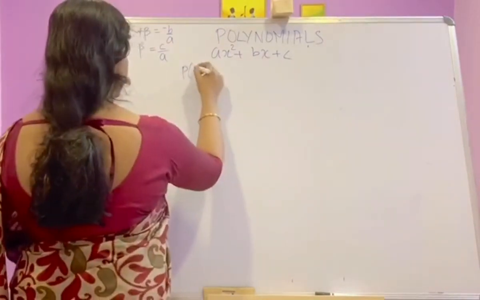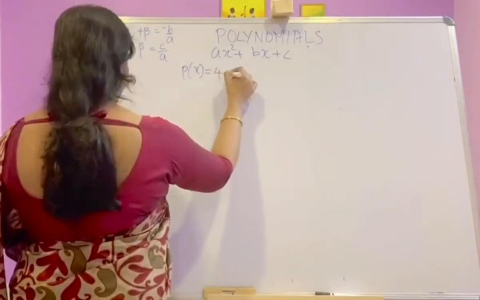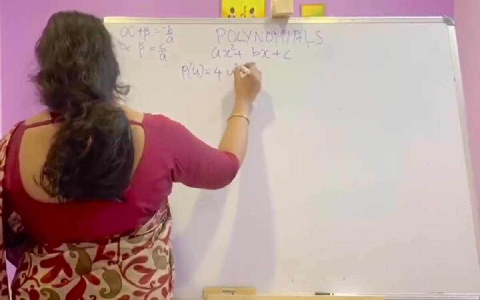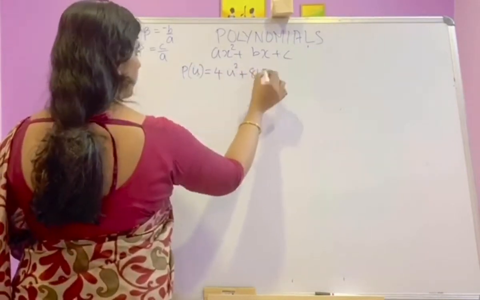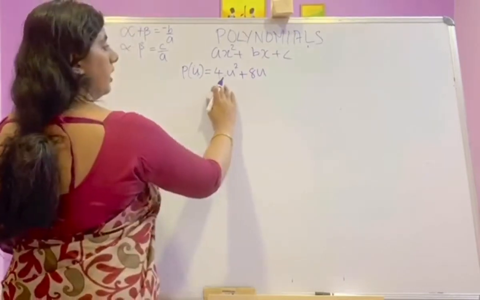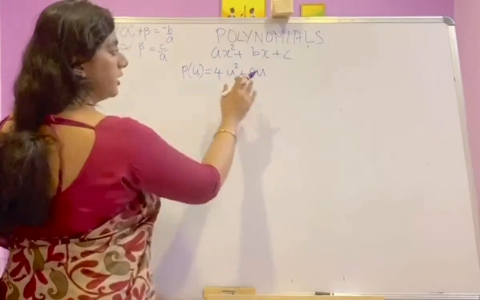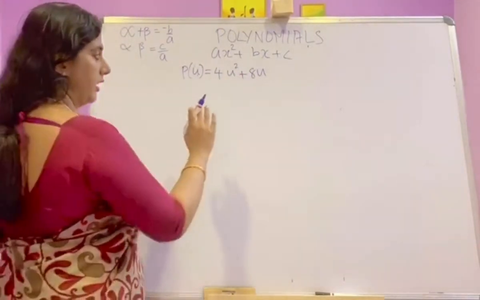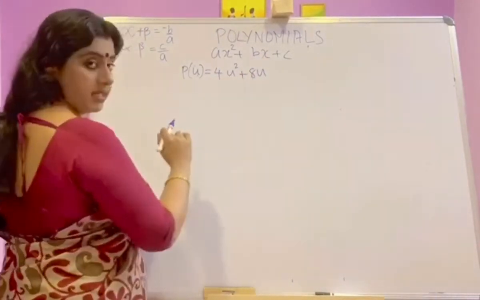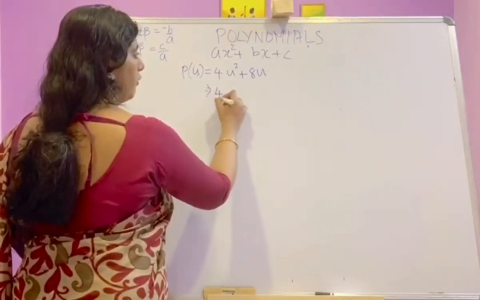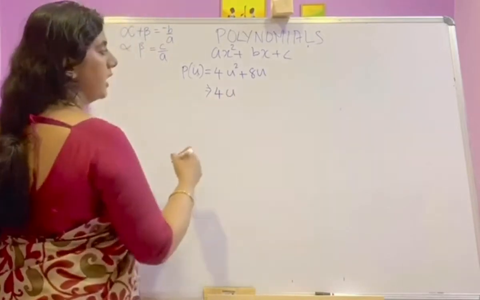If P of x is equal to 4u square plus 8u, then P of u is 4u square plus 8u. Now, if this type of polynomial is given, you want to check whether there is any common factor in the first and second term. You will get 4u as the common factor.